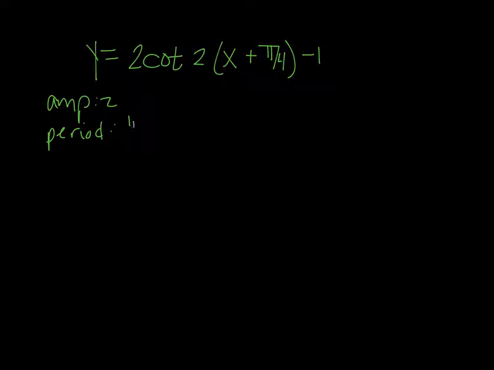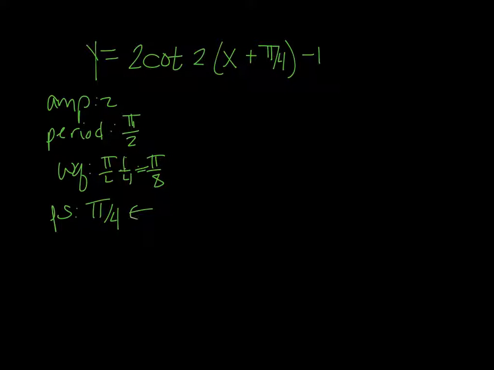So now we're just going to take pi divided by the b value, which is 2. I'm not going to worry about width of the quarters on here because, if we did it, we're just taking pi over 2 and multiplying it by 1/4. But really, because of our asymptote work, we don't have to do this. Our phase shift, again, we don't really have to do this, but we'll put it down, pi over 4 to the left. And then our vertical shift is 1 down.